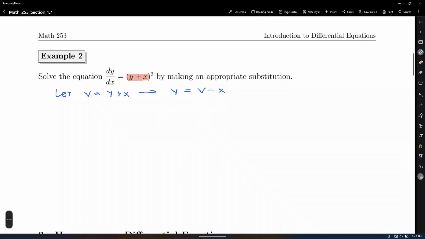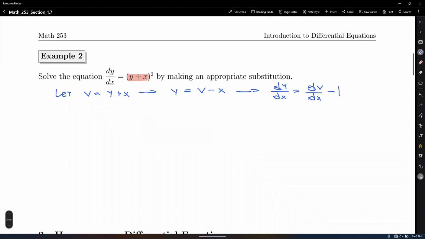So the substitution is not only for whatever is inside the parentheses, it also has to work for the derivative term in the equation. So right here, take the derivative: dy dx equals, well, v is a function that depends on x, we don't know what it is, so dv dx minus the derivative of x, which is minus 1, right?